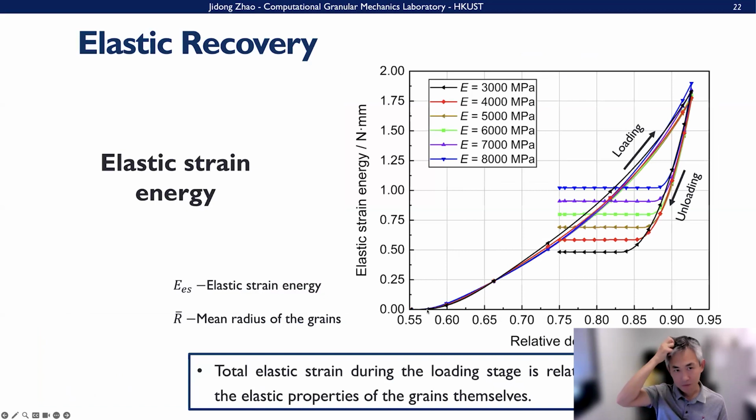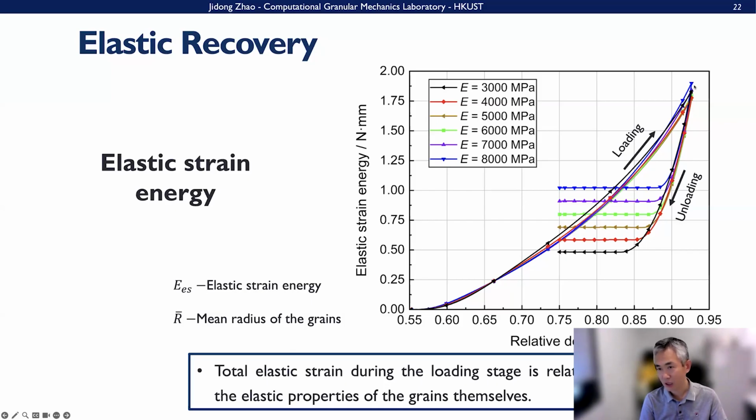Further, we can analyze the elastic strain energy. We plot the elastic strain energy evolution at different relative densities. The relative density is monitored during the compression process. We compress the loading, and we see the relative density increasing.